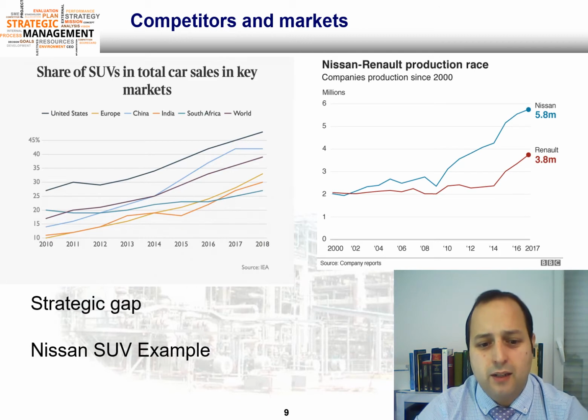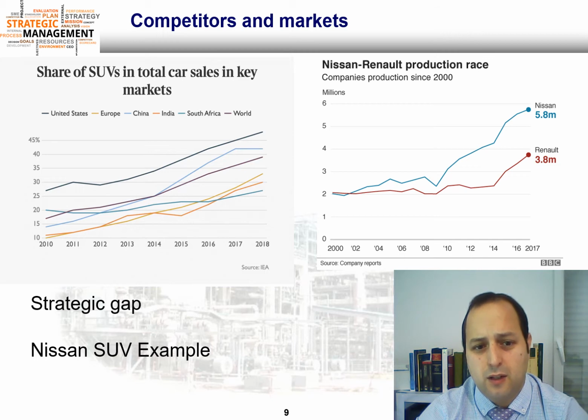Well, by doing a strategic group map, for example, we can see that a lot of automobile brands were investing in other types of vehicles, but not in sport utility vehicles. And as you can see in this slide, the share of SUVs in total car sales in the key markets has risen over the last 10 or 15 years.